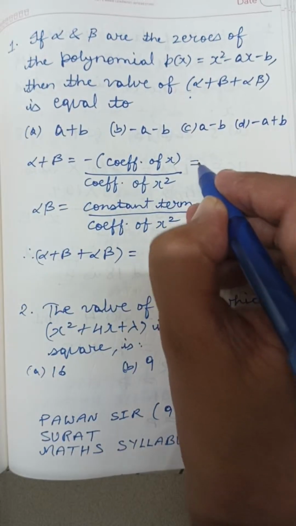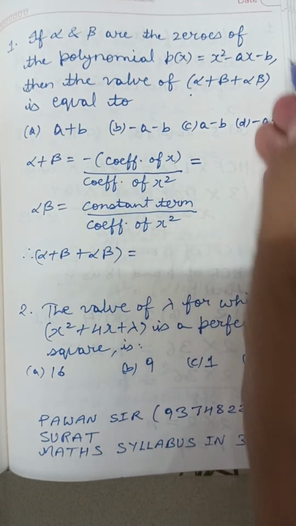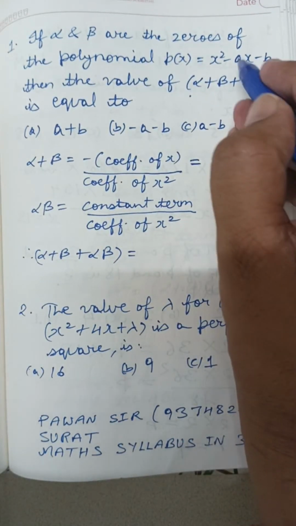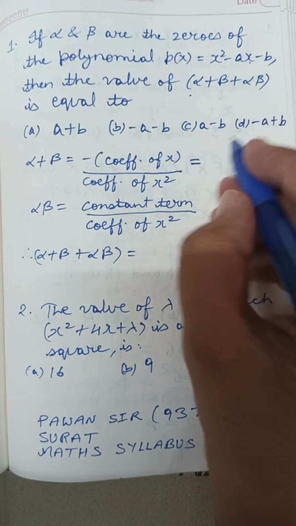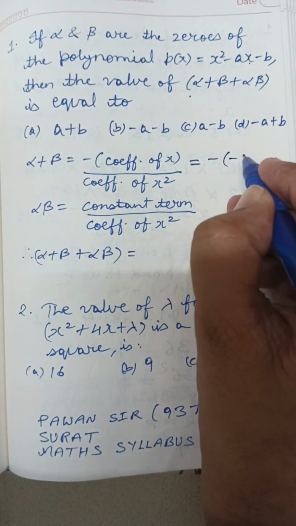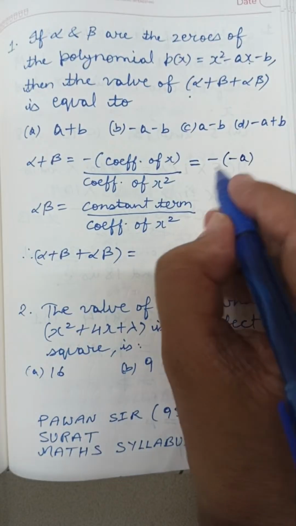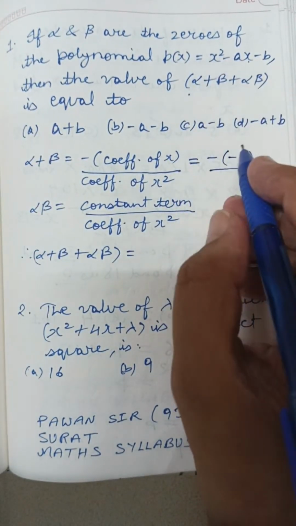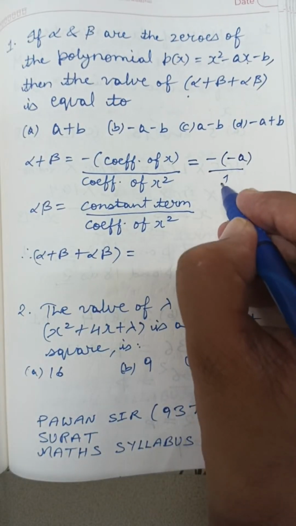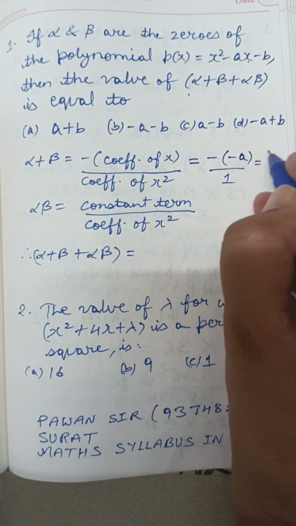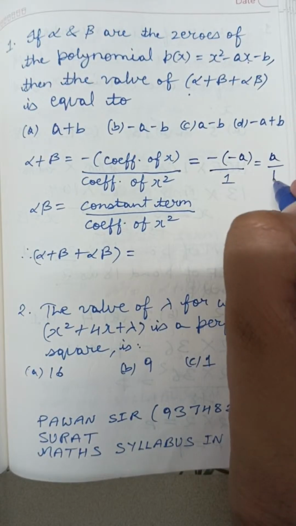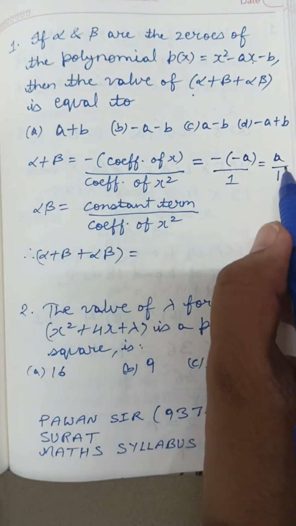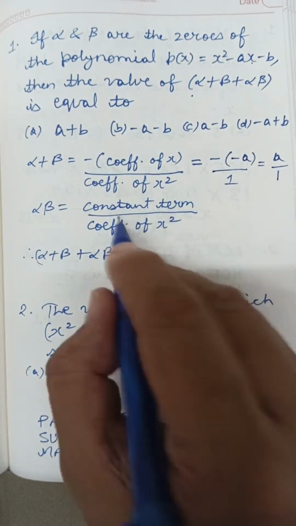In this you can see this is your x and this is your coefficient of x. So you have to do negative of this. And what is the coefficient of x square? You can see here coefficient of x square is 1. So we get a by 1. So alpha plus beta is equal to a by 1.